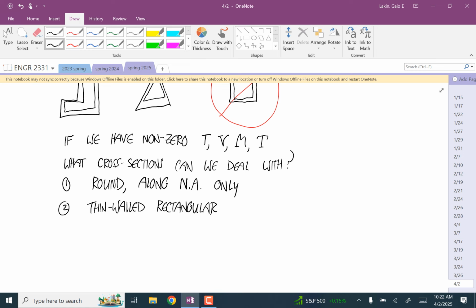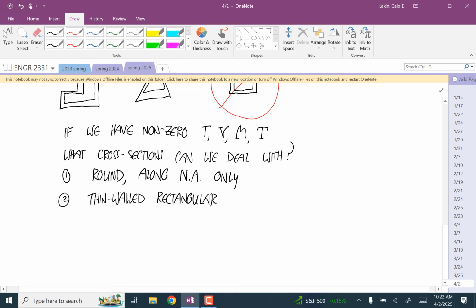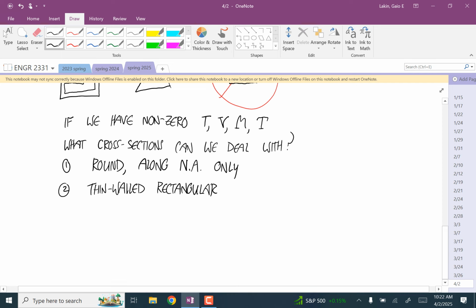Okay, and you do these two types of cross sections differently. So I'm going to start with round cross sections.